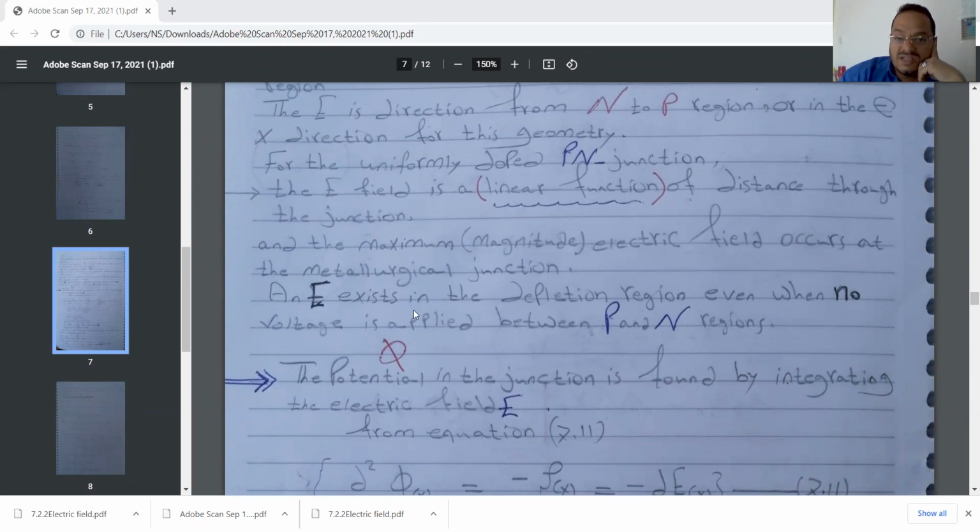Here, an E field exists in the depletion region even when no voltage is applied between the P and N region. There's a condition: we must deal with no voltage applied between the P and N region to deal with the electric field existing inside the depletion region.